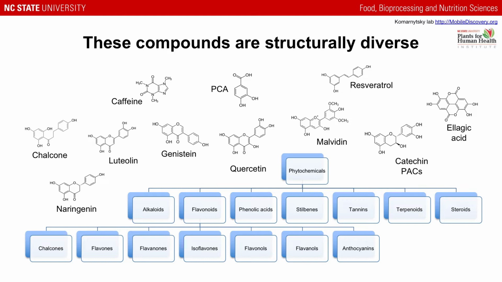If you look at those structures, if you look at the classes of the compounds, we look at something as different as alkaloids, phenolic acids, stilbenes, tannins, isoflavones. So the structural diversity of these compounds is very big. So the question is how, with all this structural diversity, they can cause exactly the same effect.